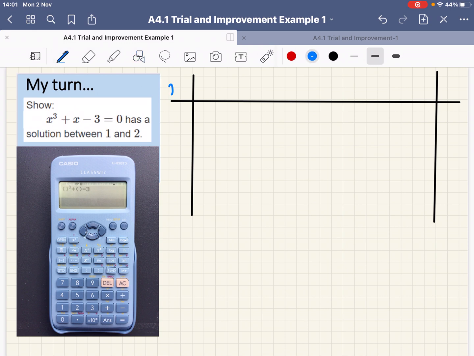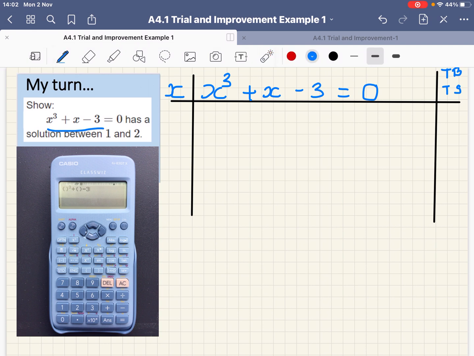So we have different values of x, and then we replace the x cubed plus x minus 3, and we're looking to compare the answers we get to 0 that is given to us. Our end column then is where we decide whether the value is too big or whether the value is too small. So we're going to start off by substituting the value of 1 into our equation.